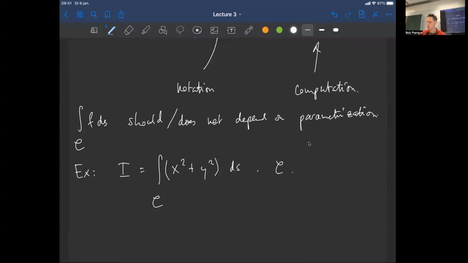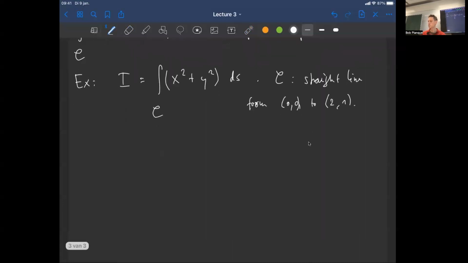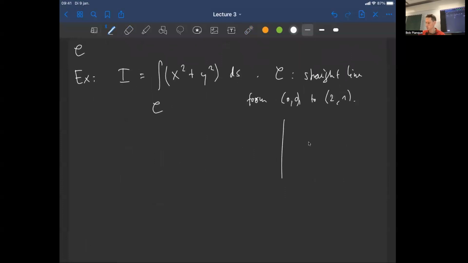So C is the straight line from 0, 0 to 2, 1.